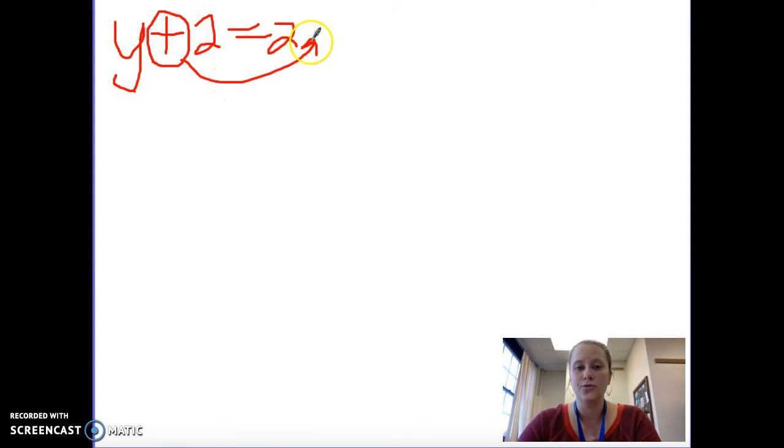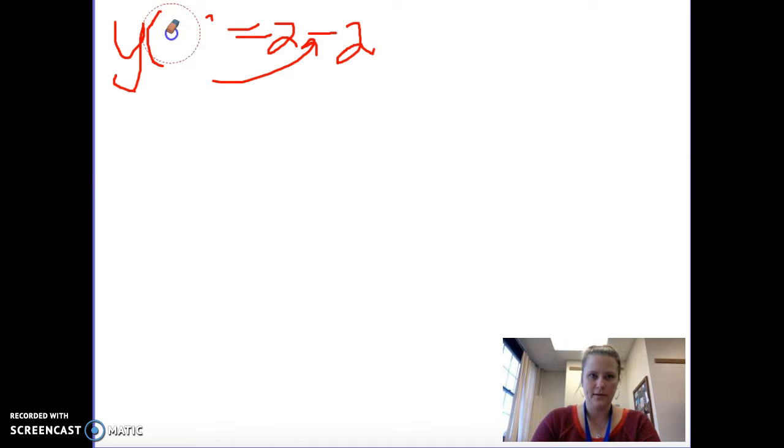Okay, and some of you were getting this yesterday, but it was important to remember that we only change the sign if we move it over. So I'm going to change it to subtraction, and then I'm going to put the number, obviously. Now, once I do that, this disappears. This goes away because I moved it over.